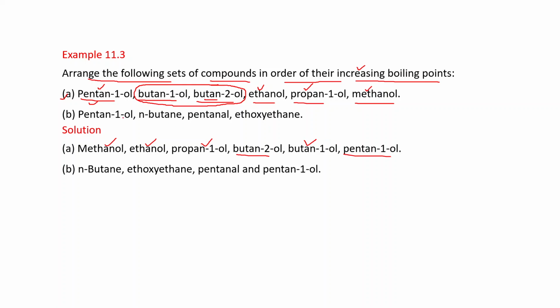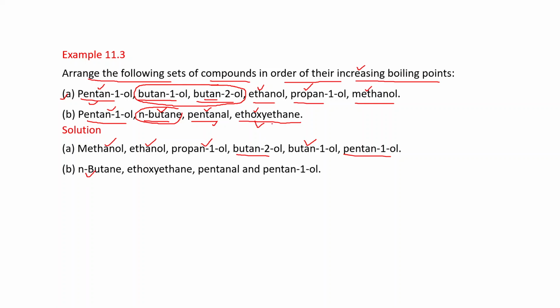Now the second one is pentan-1-ol, normal butane, pentanal, ethoxyethane. This is alcohol, this is hydrocarbon, this is aldehyde, and this is ether. Now this is normal butane, which is non-polar. That's why its boiling point is least. Then pentanal, aldehyde, and ethoxyethane, ether.